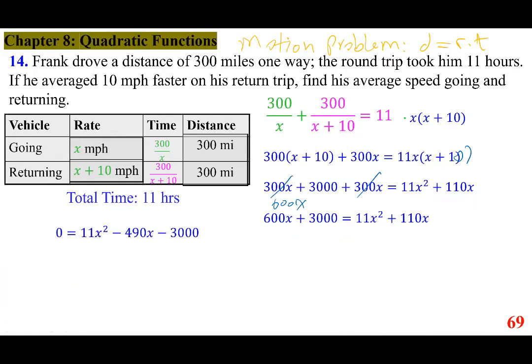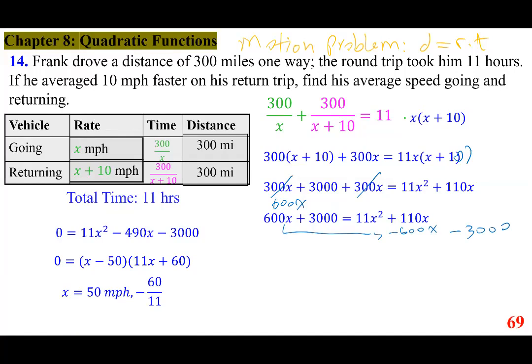That means you are going to subtract 600x, subtract 3000. You can solve it by any method you want. Factoring can do the job. Quadratic equation will do the job. There are two answers. Positive 50, negative 60 over 11 cannot be, so you cross that out.